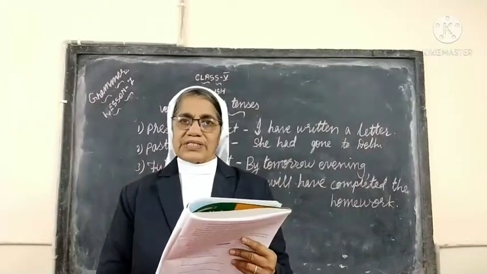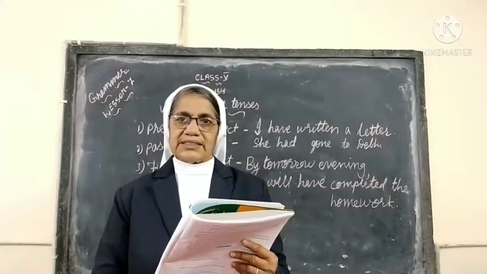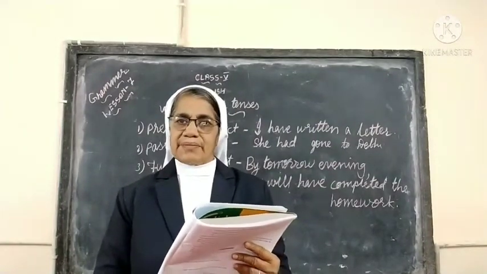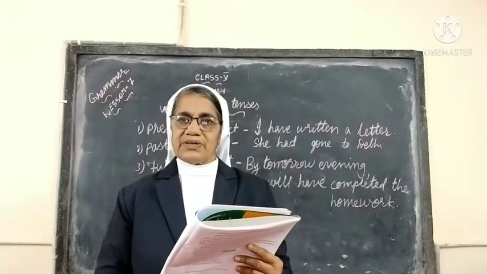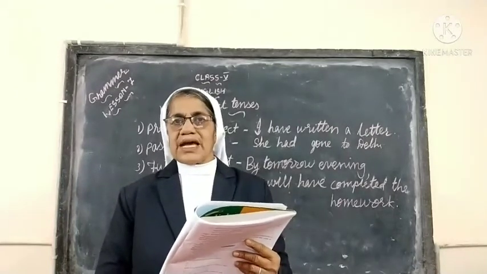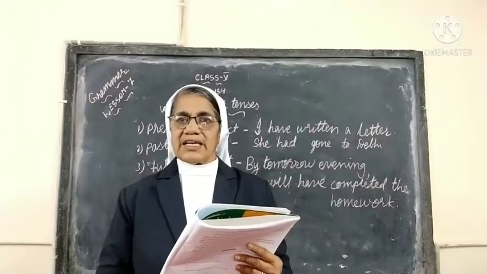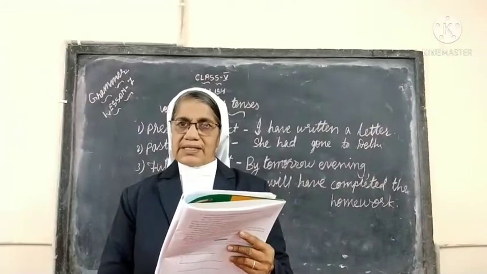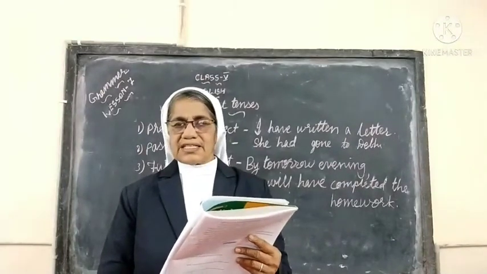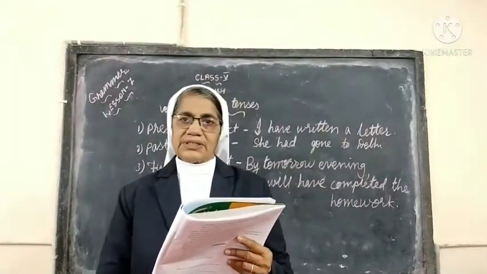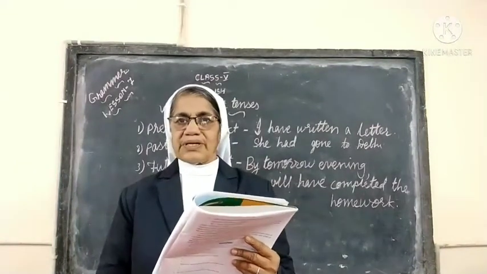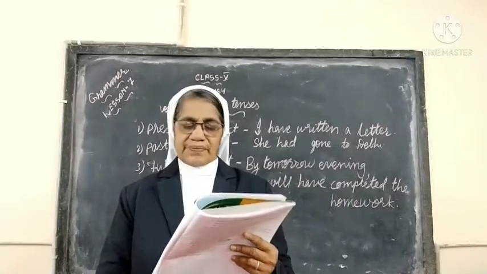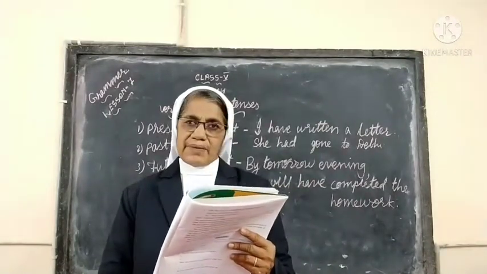The first form is damage, the second form is damaged, and the third form is damaged. Second form and third form are the same for this verb. Damage, damaged, damaged, and damaging is the fourth form. Here we use only the third form of the verb. They have damaged the window.